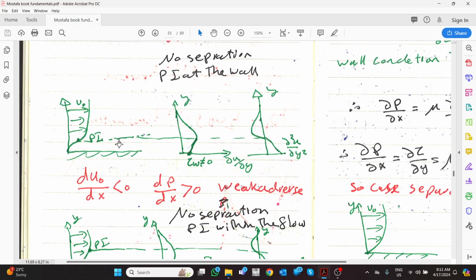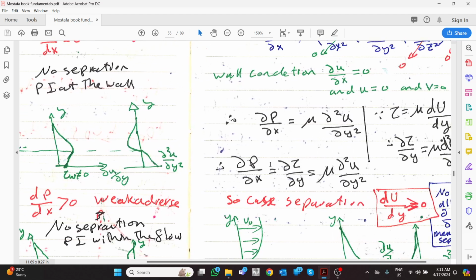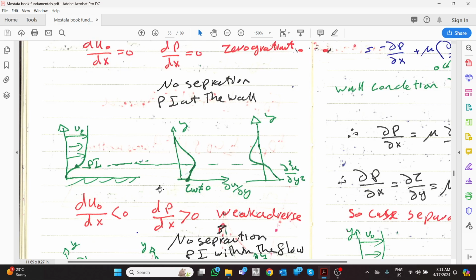If you have dp/dx bigger than 0, it is weak adverse pressure, yet d²u/dx² is less than 0, which means, as we agreed here, still no separation.